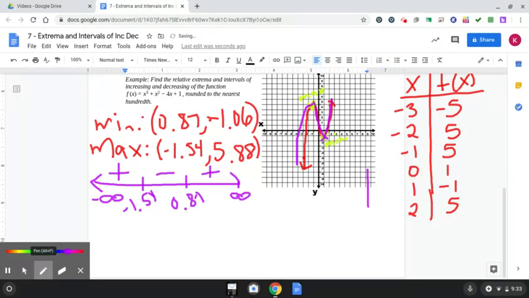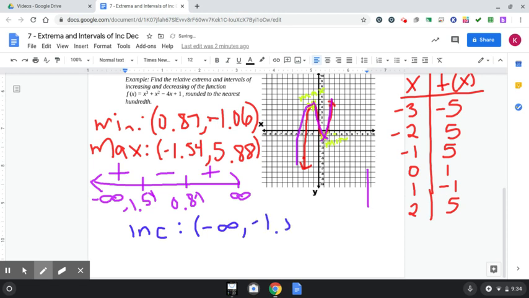So we are going to start off with increasing. You start off increasing all the way at negative infinity. You start at negative infinity and then you stop at the maximum, which is negative 1.54.